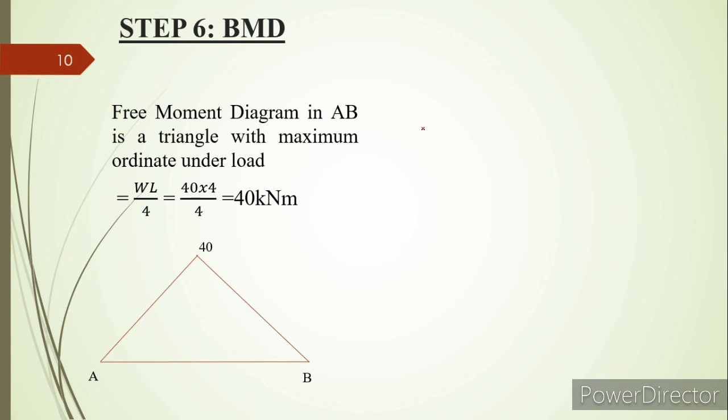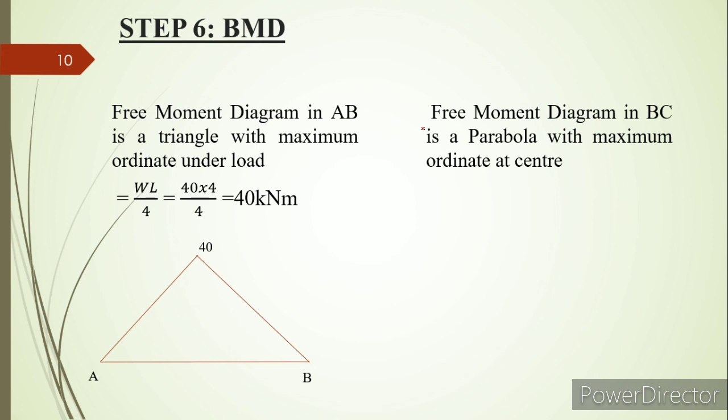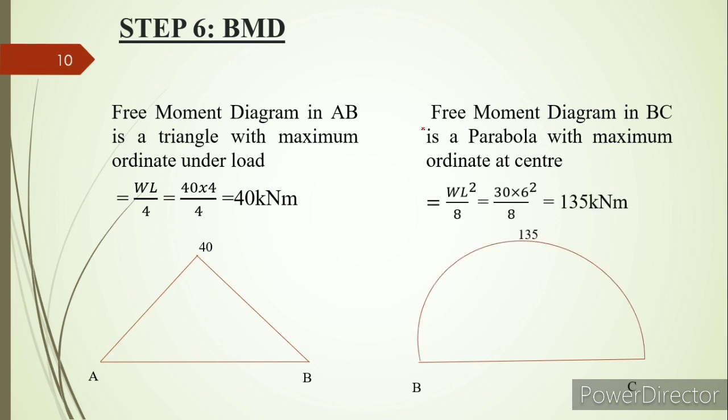Then when we consider span BC, there is a UDL acting throughout the span. When the UDL is acting along the span, the bending moment diagram will be a parabola with the maximum value at the center. The maximum ordinate value will be WL square by 8.